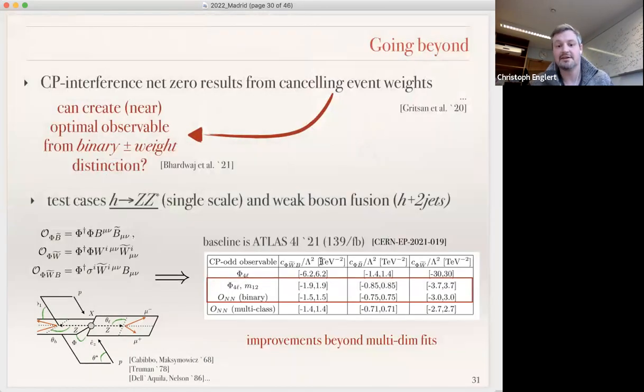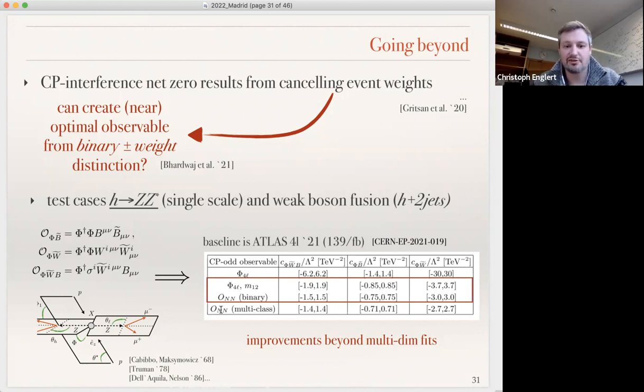So if you use that, then just on the basis of this ATLAS 4L analysis from last year, you can enhance the sensitivity by factors of 2 in directions where you already have a little bit of sensitivity, and you can enhance it even better in other directions. So if you really use additional information there, that additional information is condensed down through the neural network.